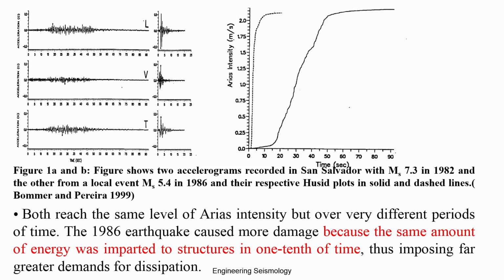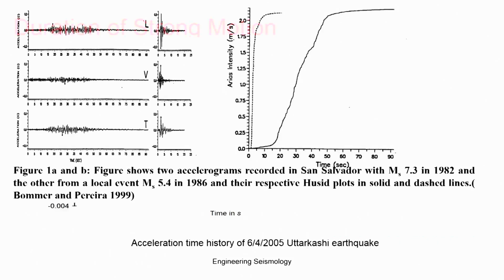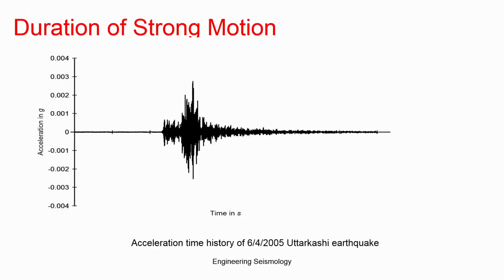This information helped interpret that the durations of earthquakes play a significant role in the damage of structures, which is basically an implication of how many cycles it repeats. You can see how many cycles it repeats. So, this is the duration which you can understand.